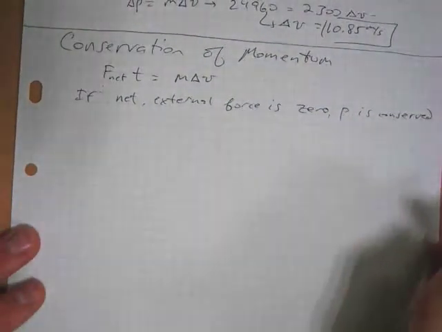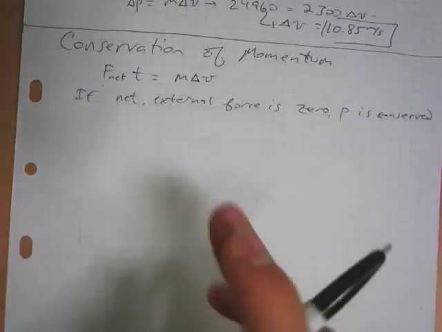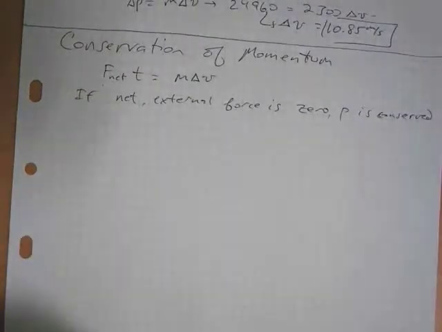Anytime there is no net force acting on a system, then the total momentum of the system is conserved. So any isolated system will have the same momentum before and after anything that happens. We're mostly going to be dealing with 2-object systems, but the principle does generalize to as many objects as you could want.